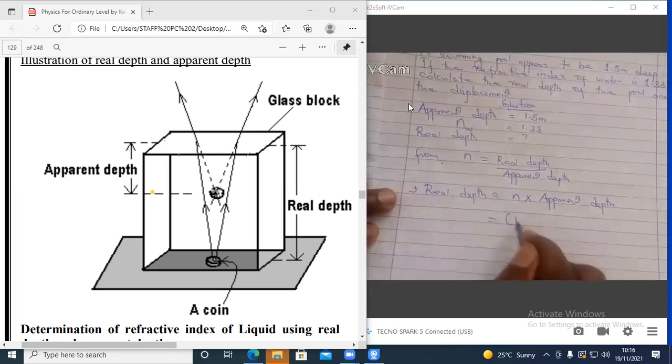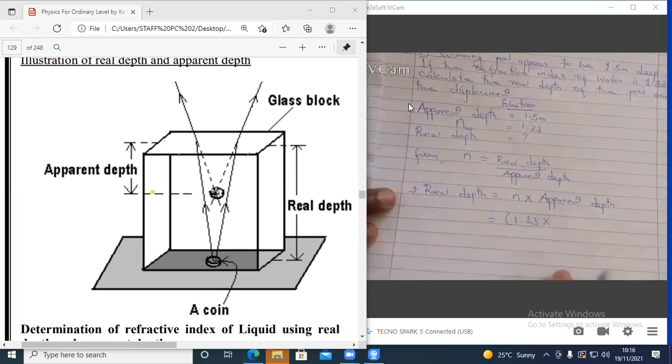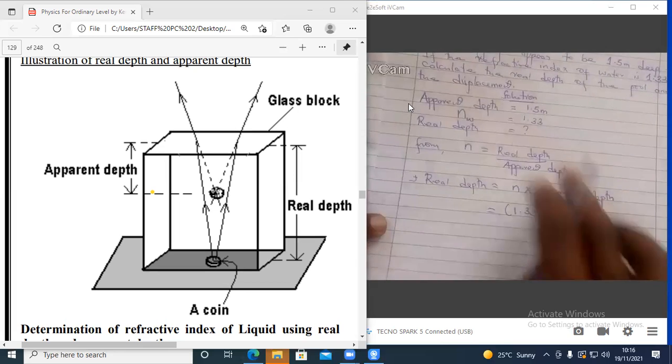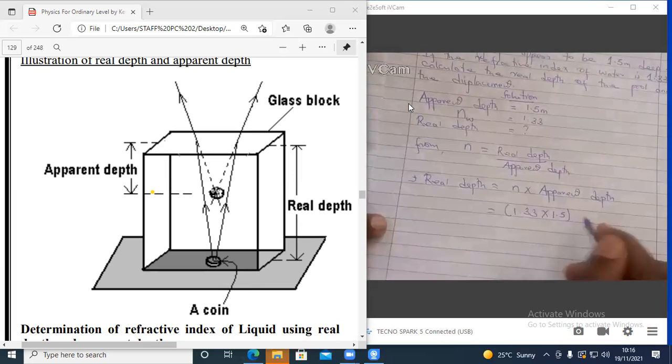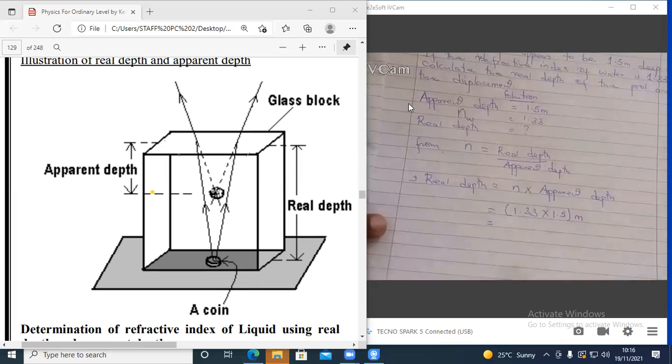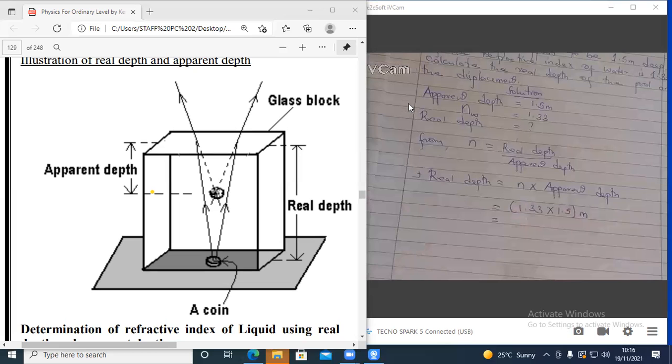So our refractive index is 1.33 times apparent depth, which was given to be 1.5 meters. So what do you get? Members, what have you got?